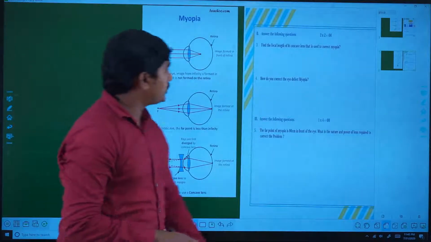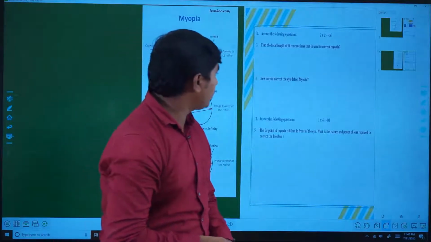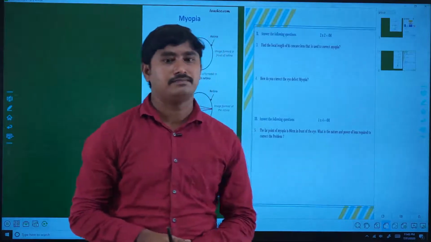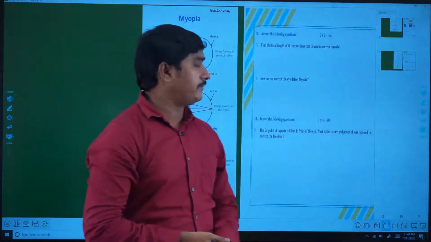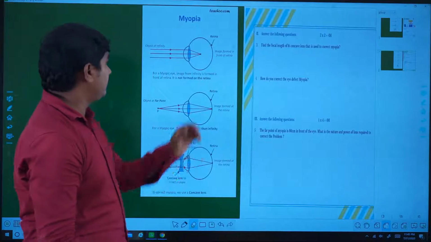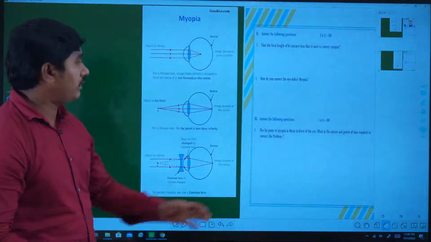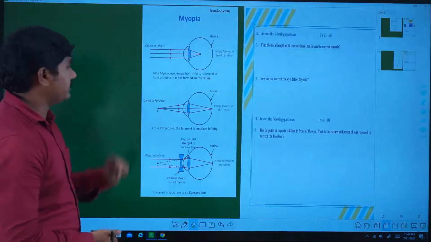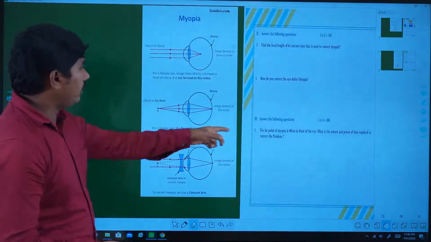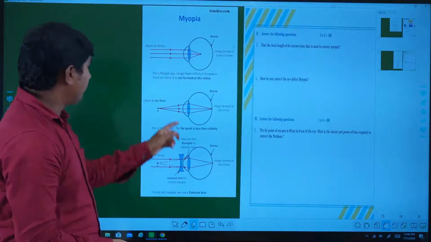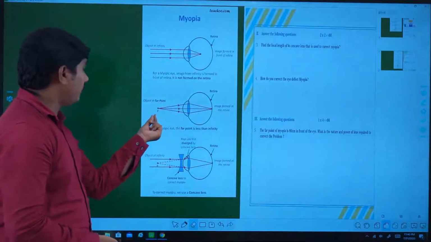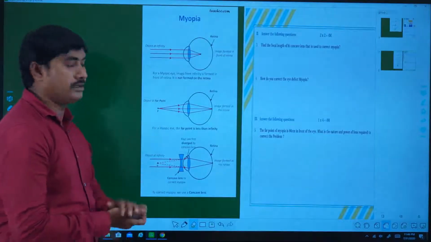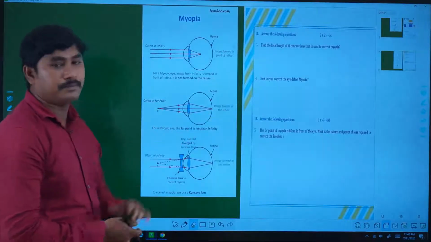Next, question number 4. How do you correct the eye defect myopia? Actually, people with the myopia defect can see objects only up to the far point. When the object is between the far point and the least distance of distinct vision, they can see the object very clearly and the image is formed on the retina.